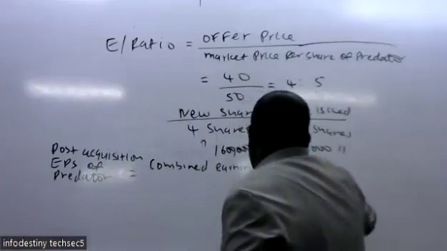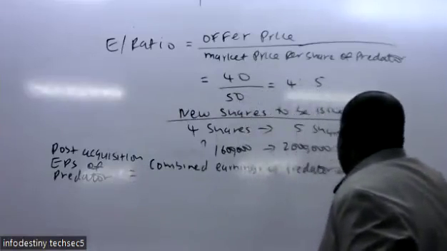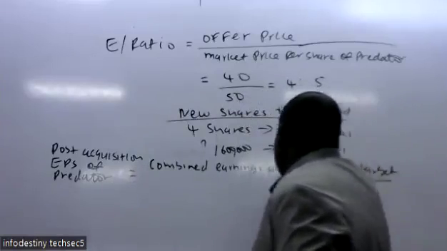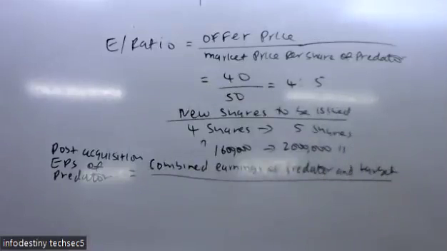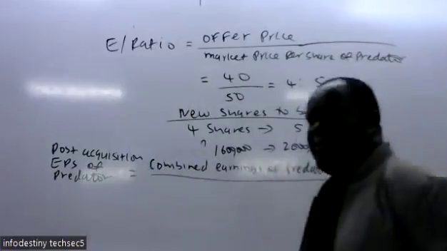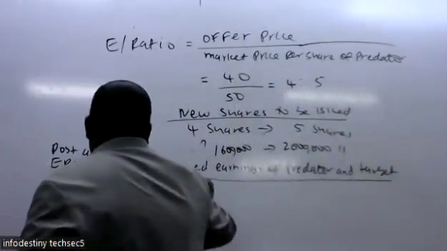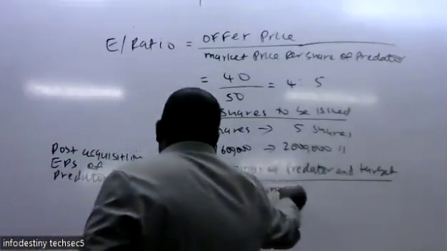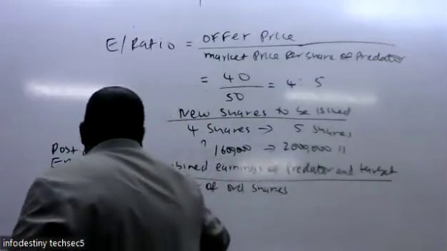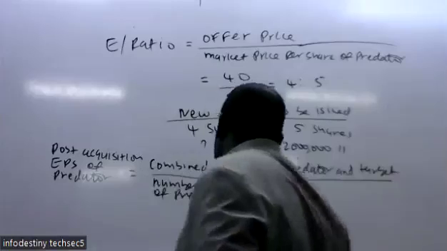Then we divide by the number of the ordinary shares of the predator.